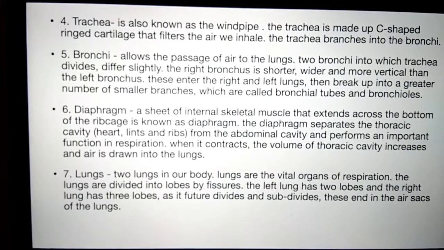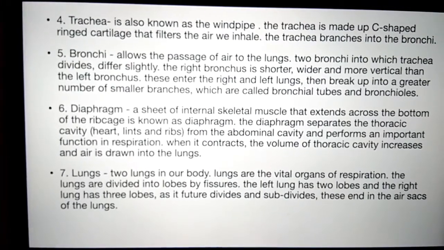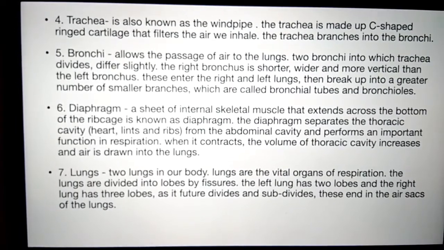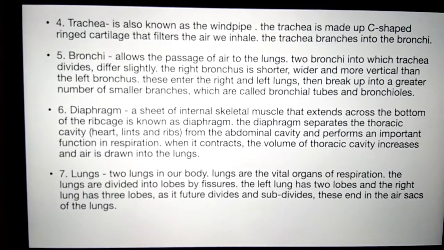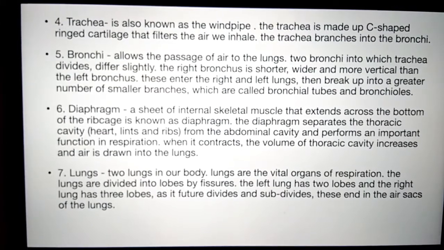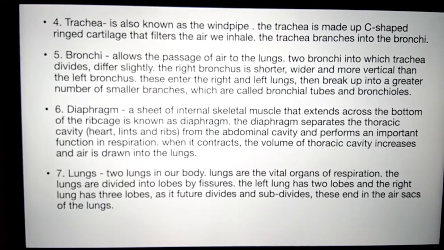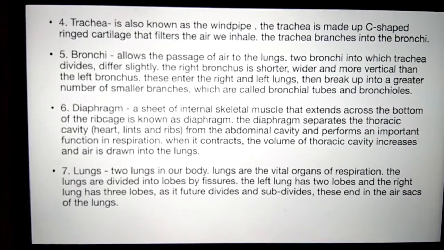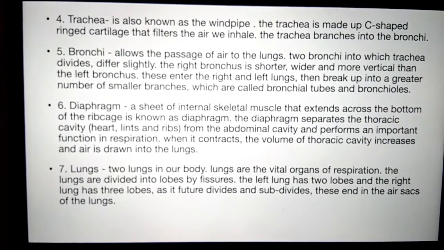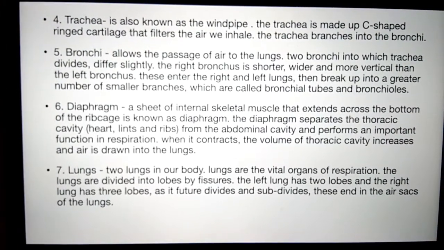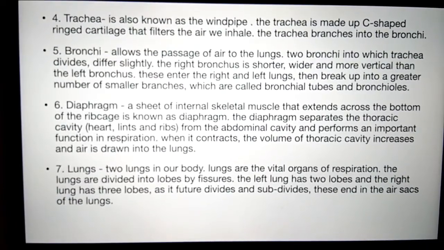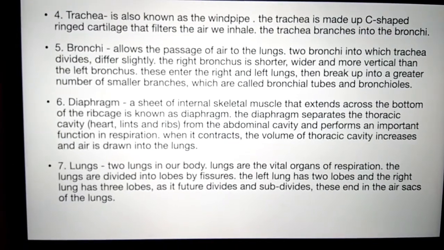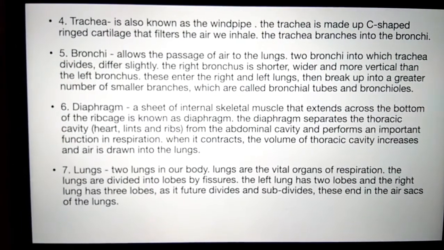Now, fourth is trachea. It is also known as the windpipe. The trachea is made up of C-shaped ringed cartilage that filters the air we inhale. The trachea branches into the bronchi. Now fifth is bronchi. It allows the passage of air to the lungs. The two bronchi into which trachea divides differ slightly.